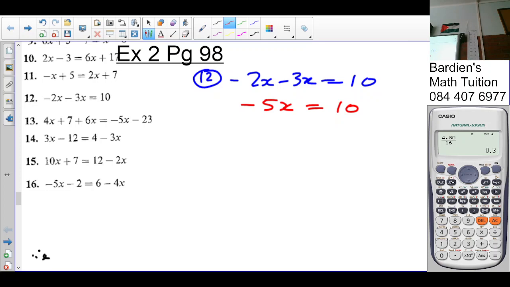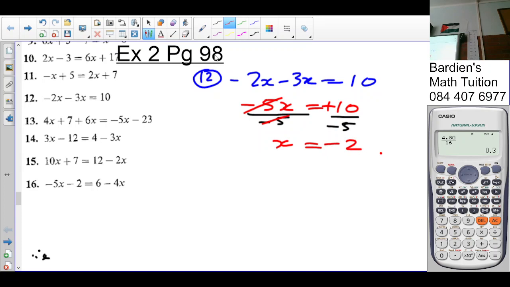Now the next step is to divide by the coefficient of x. What is the coefficient of x here? Negative 5. Remember that the sign is part of the term. So what's negative divided by negative? Positive. 5 divided by 5? X. So I'm just left with 1x. What's positive divided by negative? Negative. 10 divided by 5? 2. Answer is negative 2.